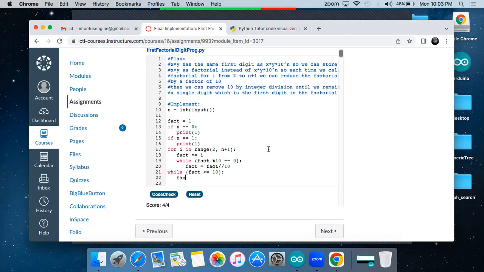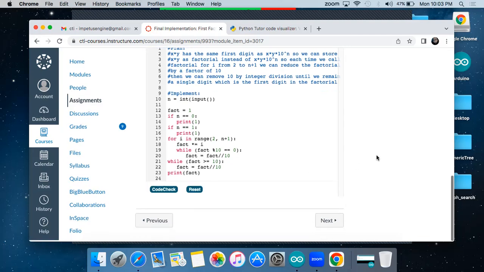So for the rest of this, we're at the part where we have the factorial already, and then we're reducing by a factor of 10 each time, so that we can just take out the last digits of the factorial until we have one digit left, and then we want to print factorial. So there we have it.